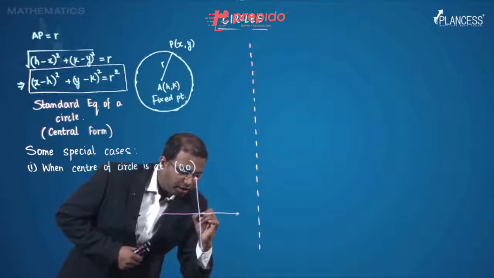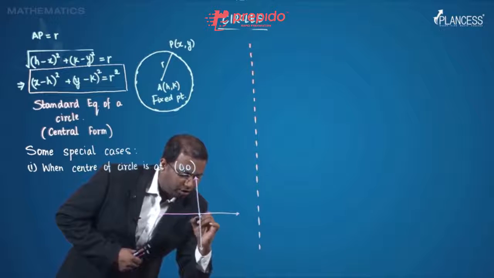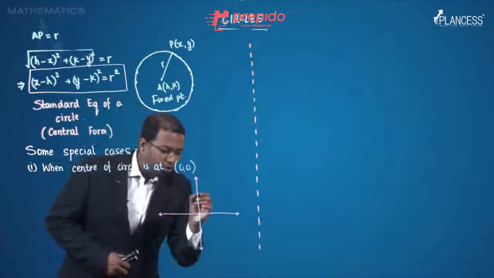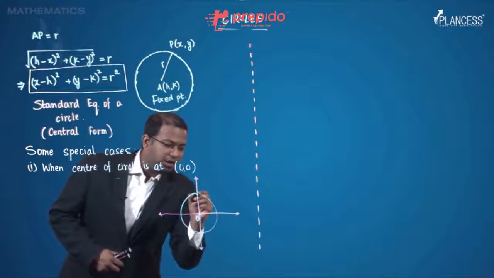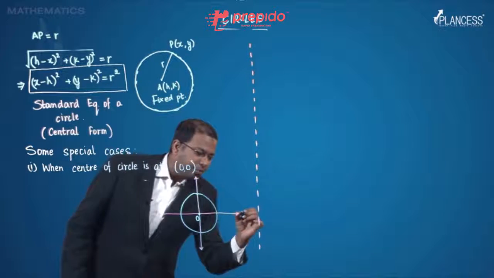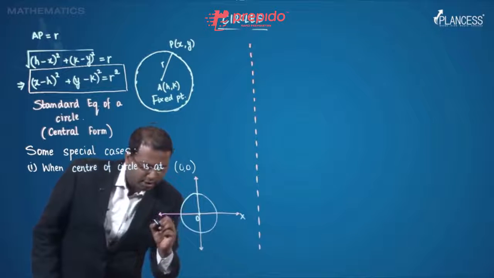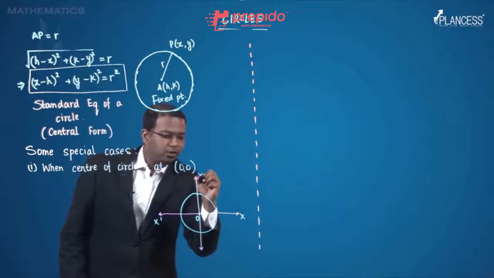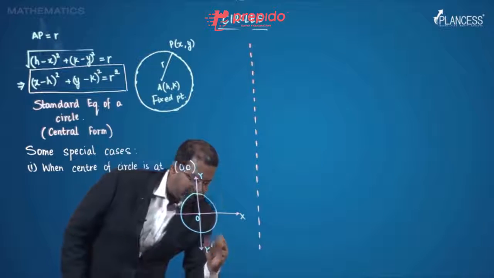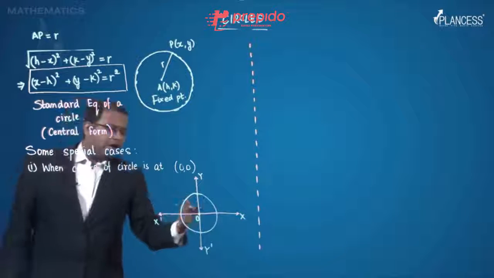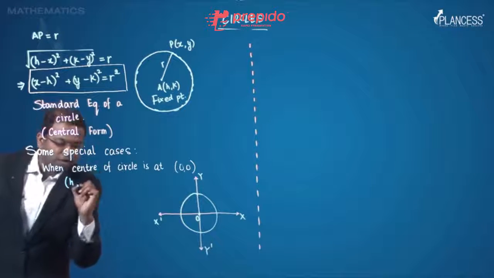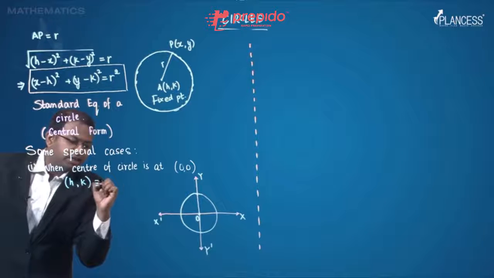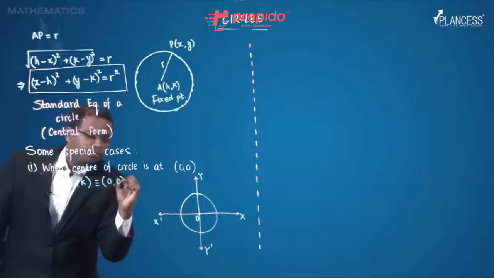So this point is the origin, which we represent by O, and we have a circle whose center is at origin. So let me name this x, x dash, y, and y dash. Now if our circle is this, clearly the center, which in the above form was h comma k, in this case is 0, 0.